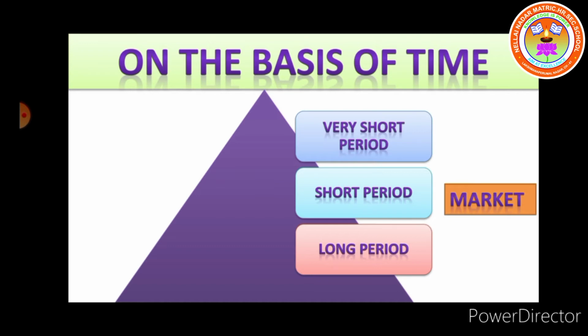For example, the market for flowers, vegetables, fruits, etc. Short period market occurs when the quantum supplied of a product can be increased. The supply can be slightly adjusted. That is called short period market. Long period market, here the supply can be changed easily by scaling production. So it can change according to the demand of the market.